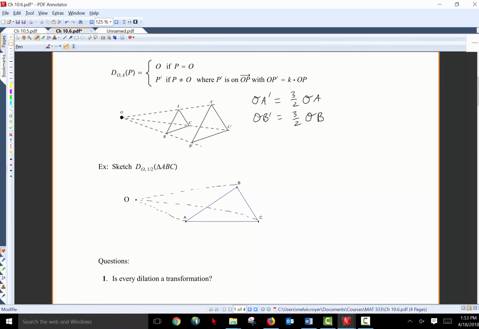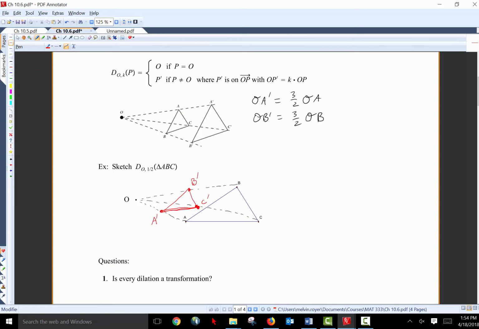So point A moves to A prime about there, and B moves to B prime about there, and C moves about there. And so the net effect is my triangle ends up about like this.